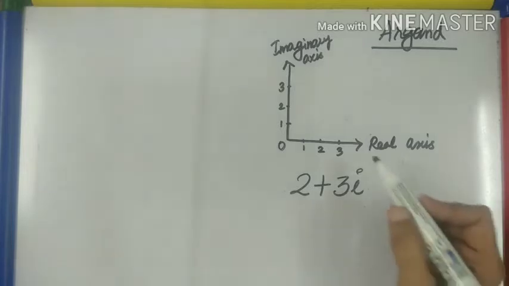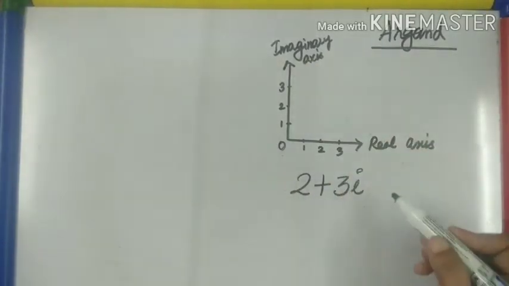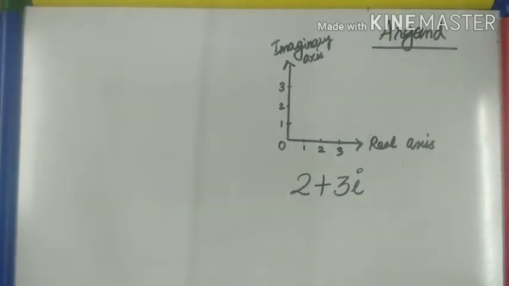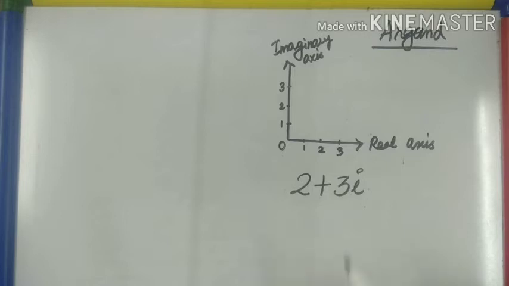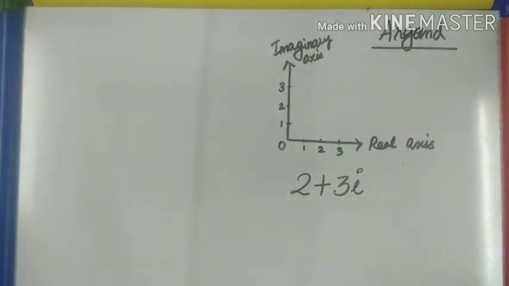In a graph sheet we generally call x-axis, y-axis, the Cartesian plane. This is x and this is y.